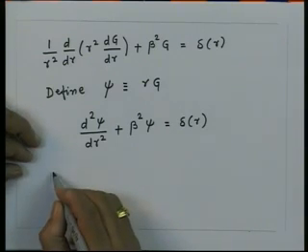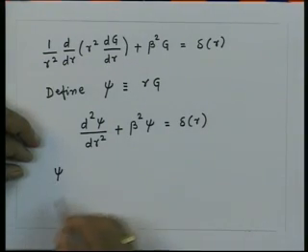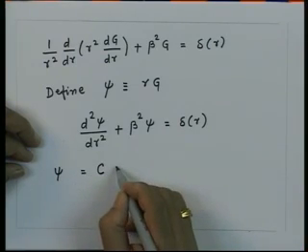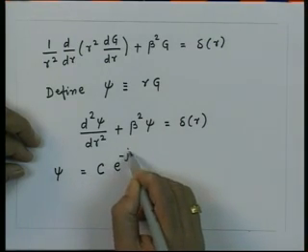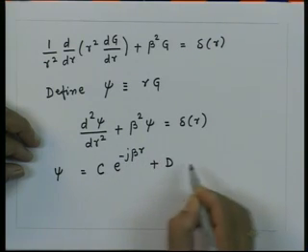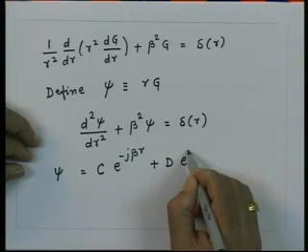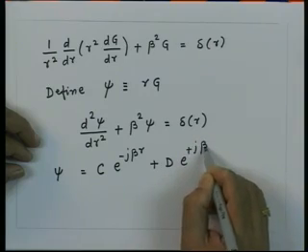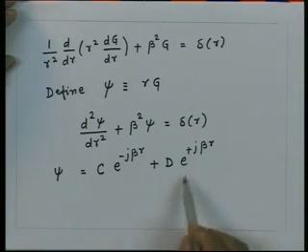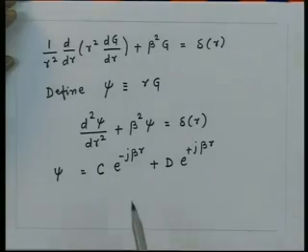So the solution to this general problem, the complementary solution which is the impulse response, will be psi as a function of r equal to some constant, let us say c, e to the power minus j beta r plus d, e to the power plus j beta r. If I appropriately satisfy the boundary condition for this expression at r equal to 0, that will be nothing but the impulse response of the system.